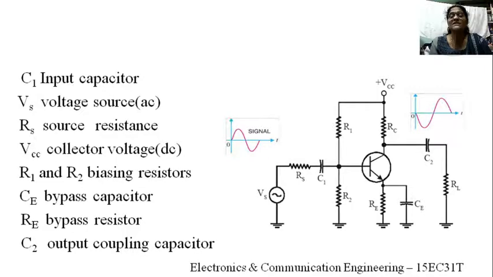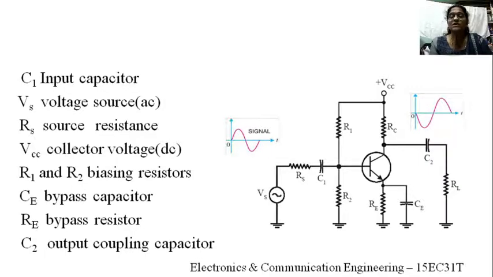If we are using two stages, the amplified signal will pass to the next stage of the amplifier, as the input for the next stage. So C2 allows only the AC amplified signal. It blocks whatever DC is present at the collector terminal. Only the amplified AC signal will pass to the RL, that is the load resistor.